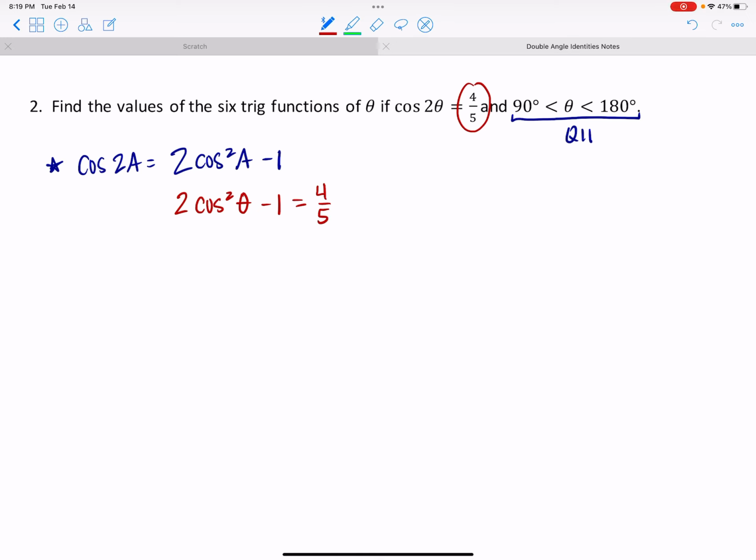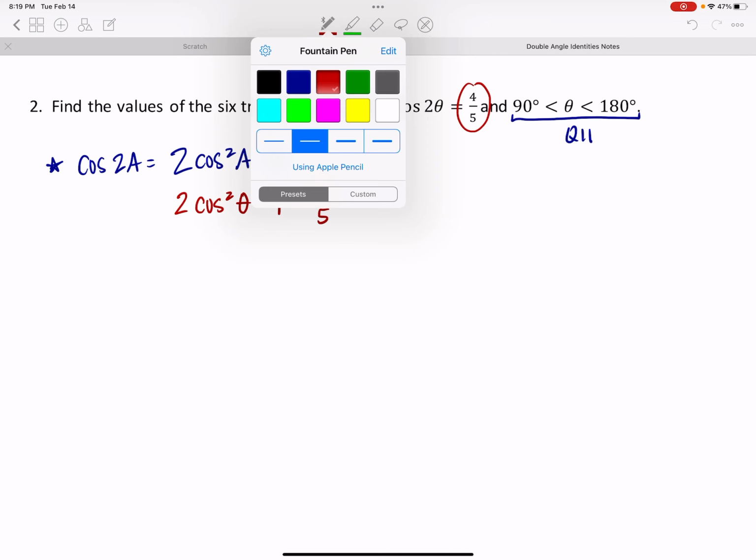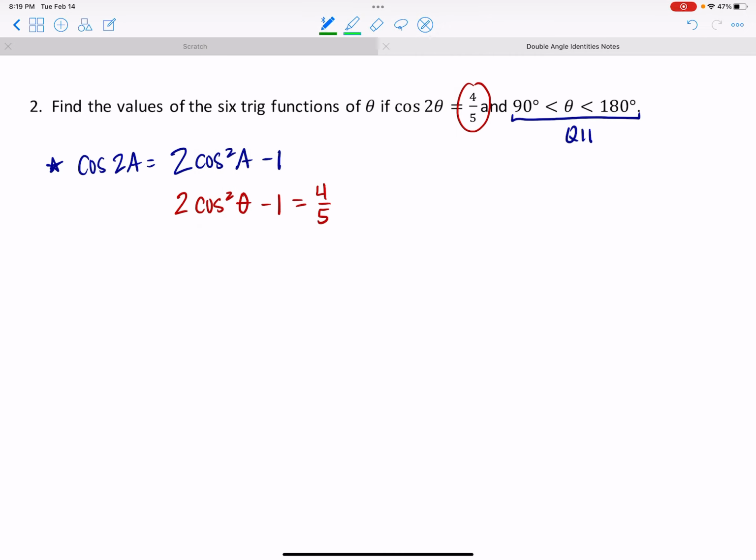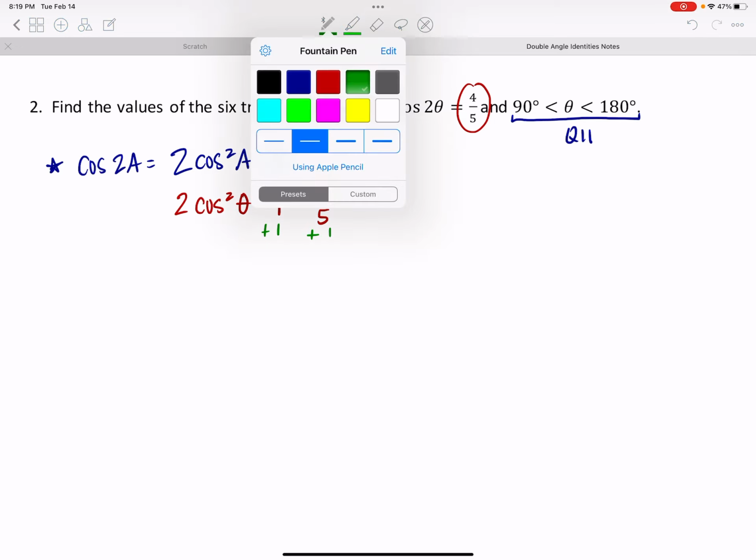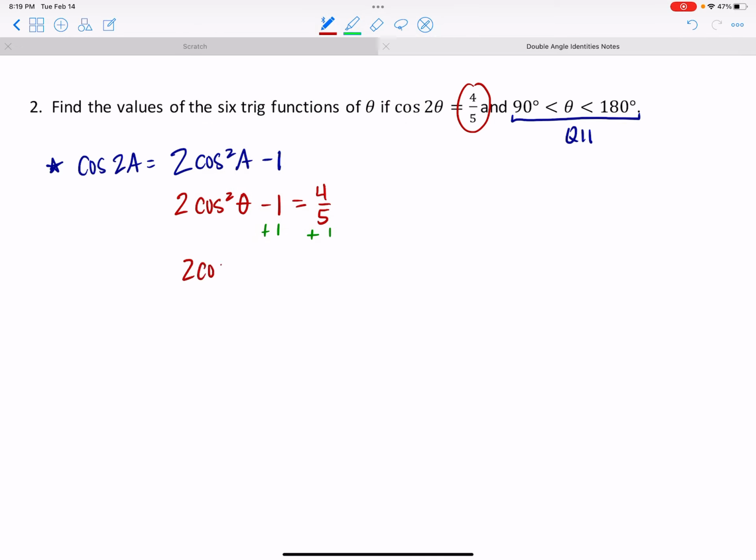And then I'm going to do a little solving for theta. So if I'm solving this, just like solving for x, I want to undo the operations like the minus 1 by adding it over. So let me add 1 to both sides. That's going to give me 2 times the cosine squared theta equal to 4/5 plus 5/5. Right, 1 is 5/5, which is going to give me 9/5 over here.